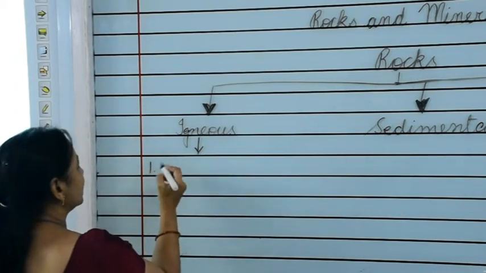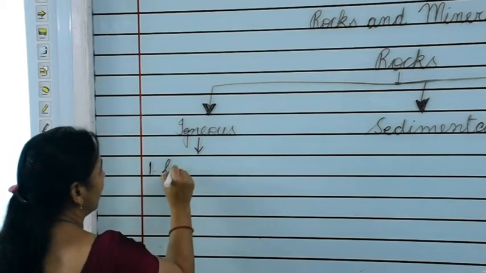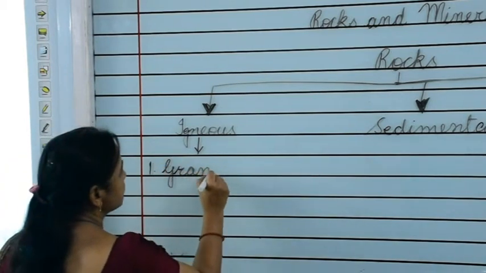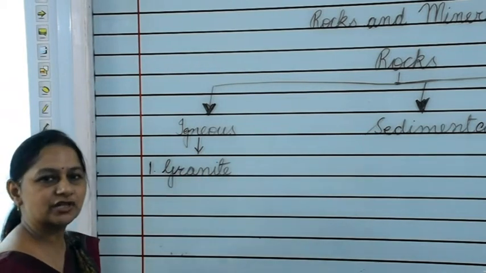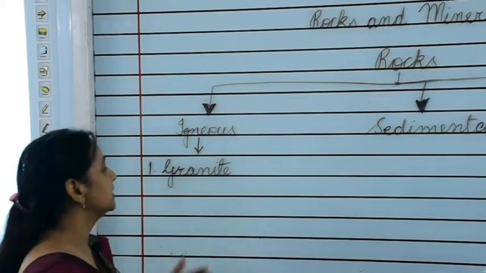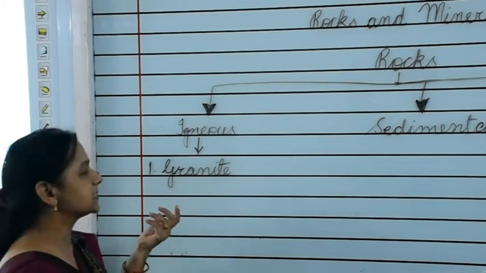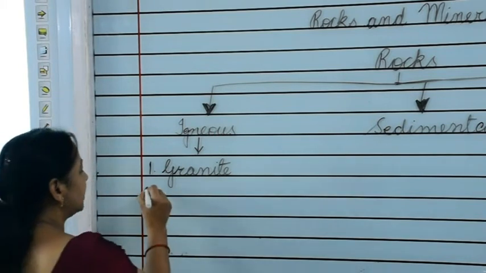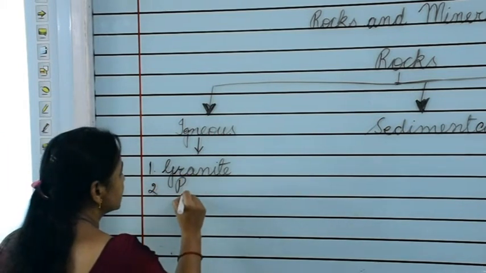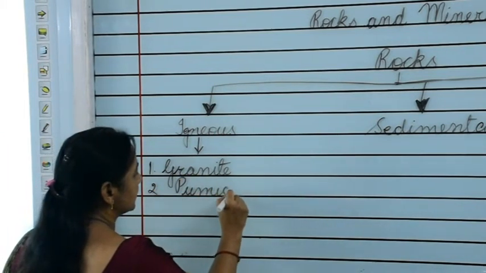The first one is granite. You must have seen some kitchen floors and counters; they are made up of granite. It is a hard rock and it comes in many colors. The second one is pumice.